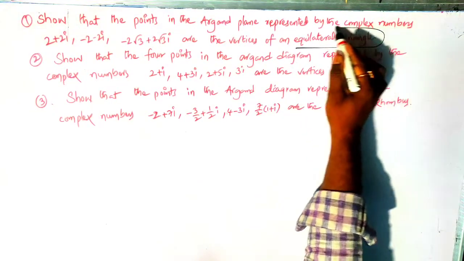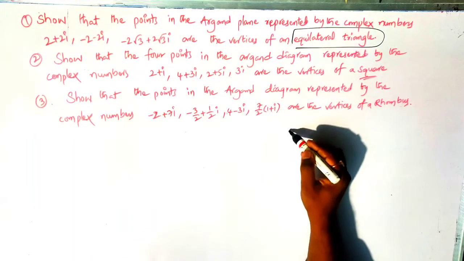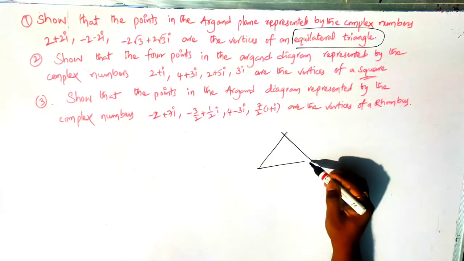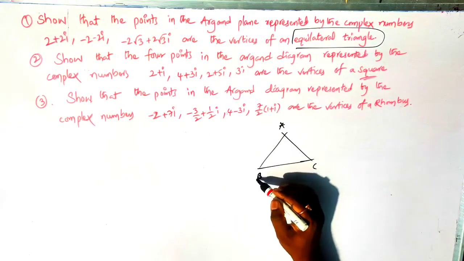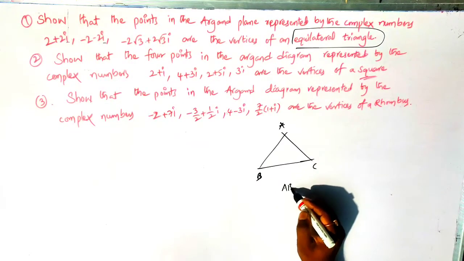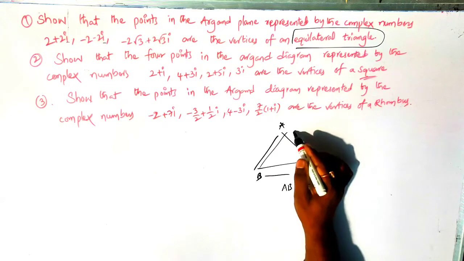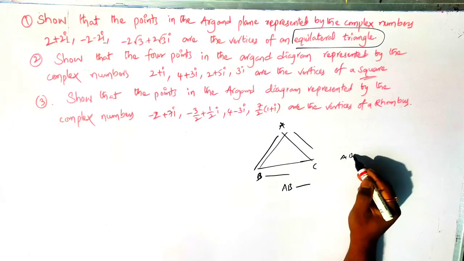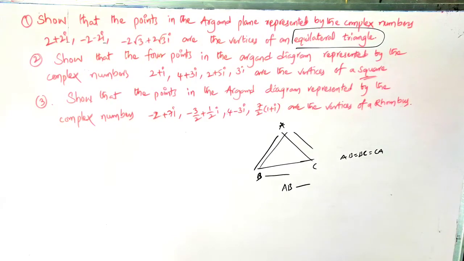So let us take a triangle A, B, C. A, B, C are these 3 points. We find the distance of side AB, BC and CA. So AB equals BC equals CA.